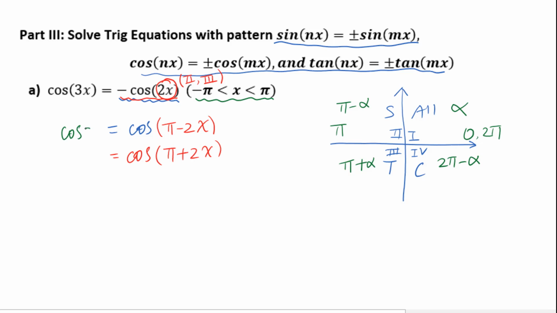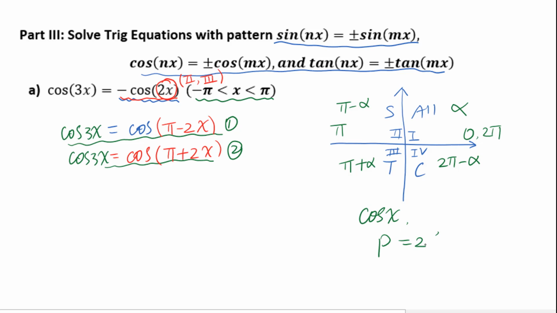We have cosine 3x equals cosine pi minus 2x, or cosine 3x equals cosine pi plus 2x. We label this the first equation, this the second equation. We will solve these two equations separately. We do know for cosine x, period is 2 pi.